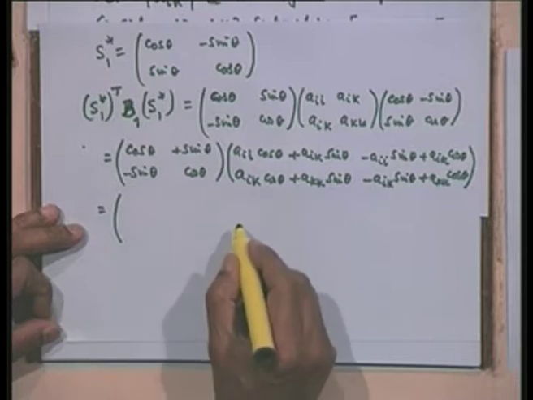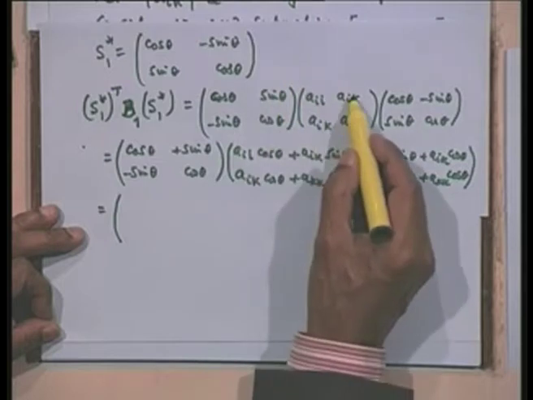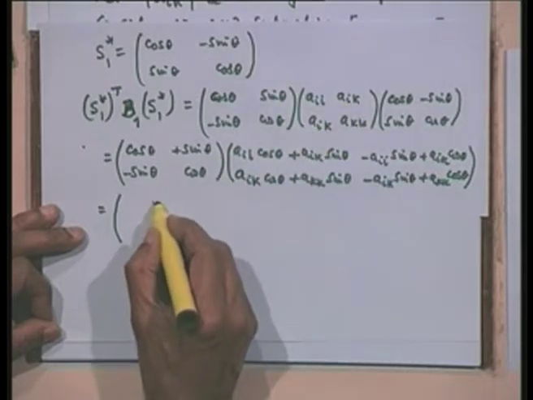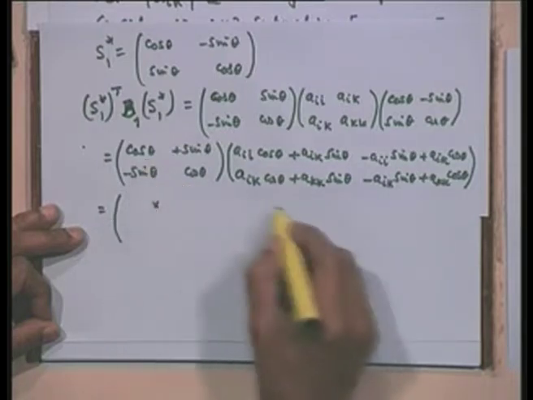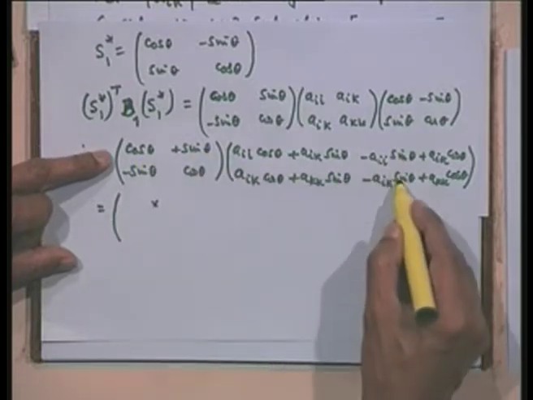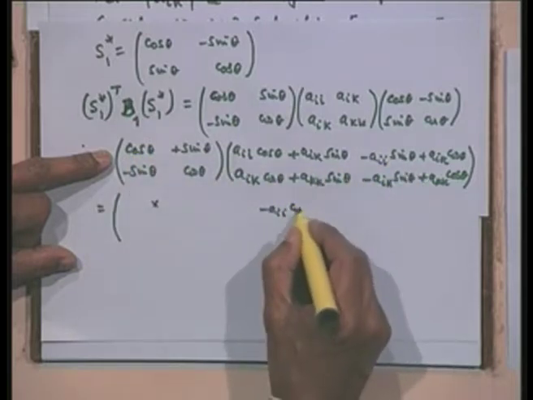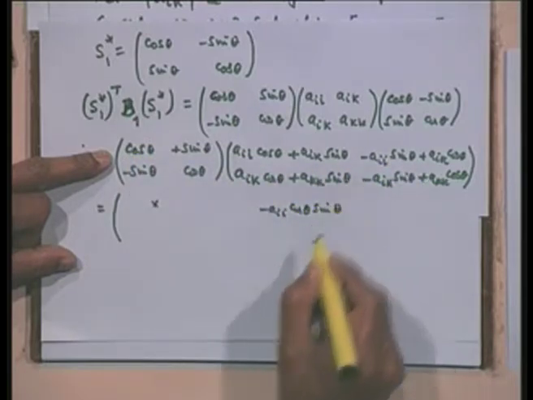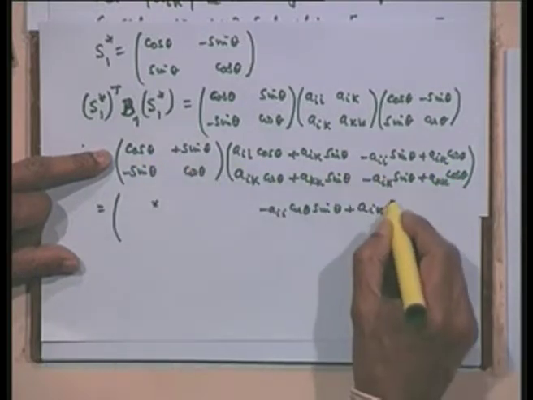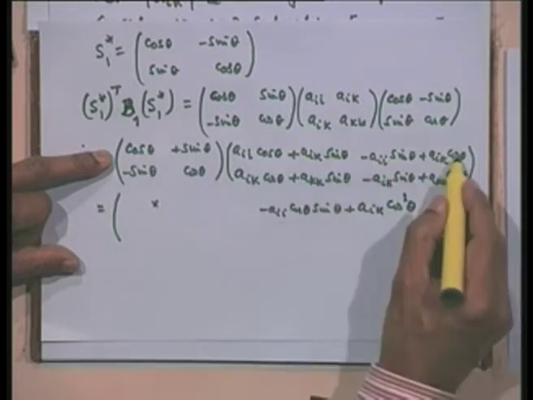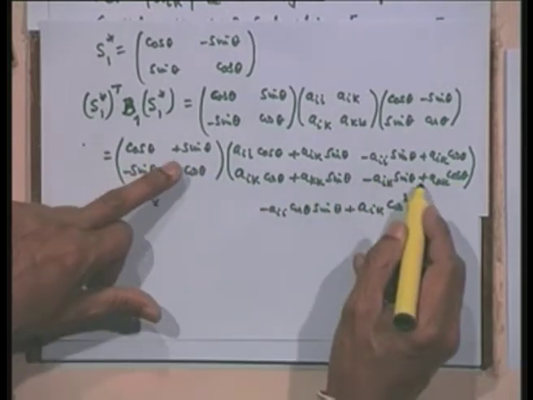Now since my effort is to determine theta such that the off diagonal element, this location, is 0, I do not bother about what this element is, I shall be interested in what this element is and what this element is. Now this element would be, I multiply the first row by the second column. So I would have here minus Aii cos theta sin theta plus Aik cos square theta, I multiplied by cos theta this particular element, Aii sin theta cos theta, Aik cos square theta, then I multiply this by sin theta.